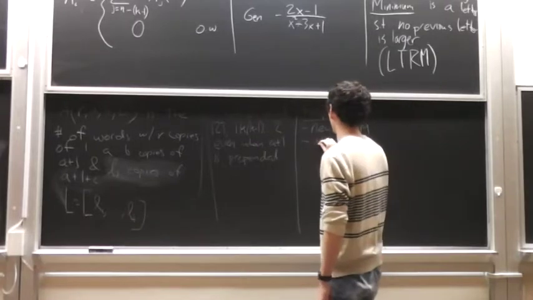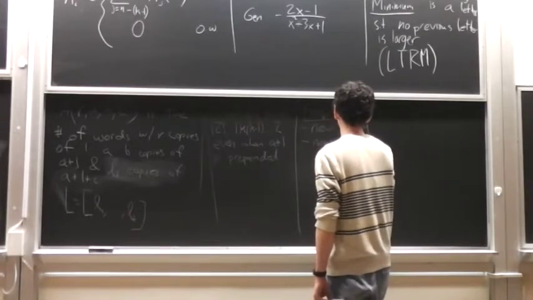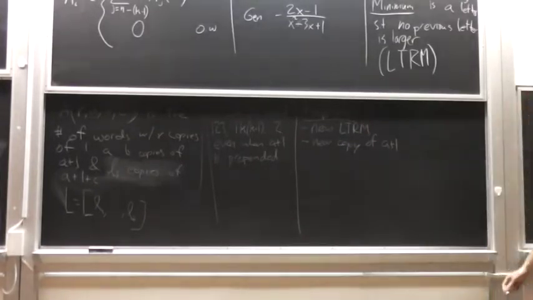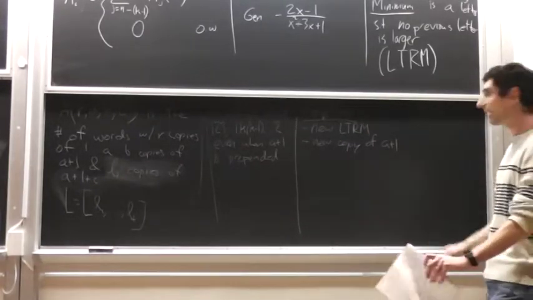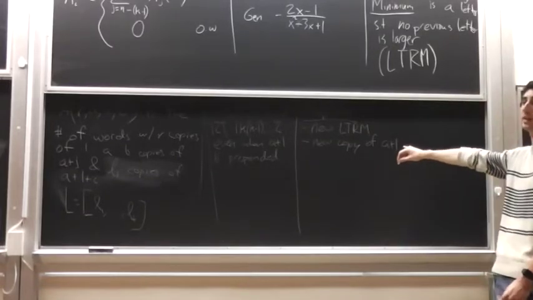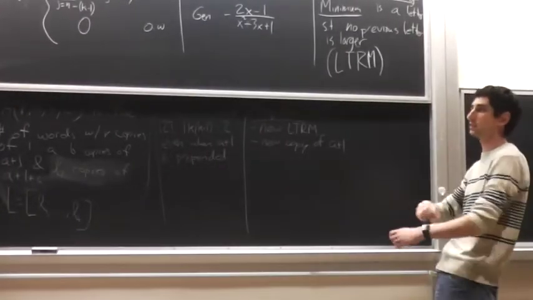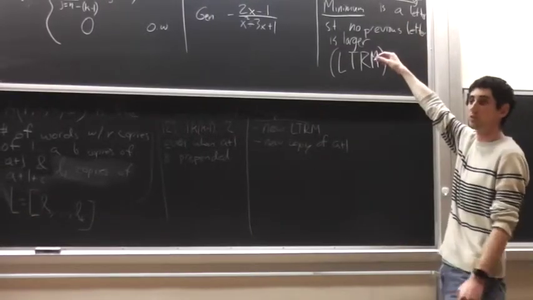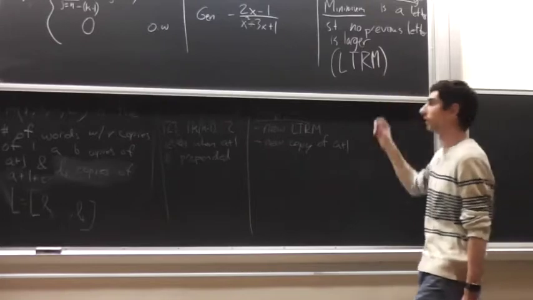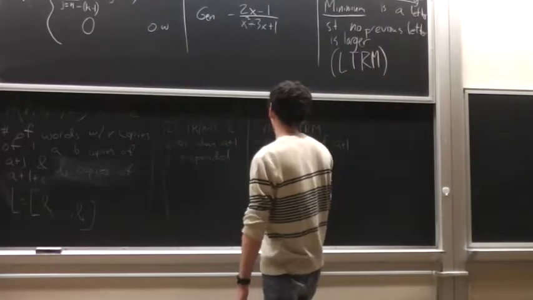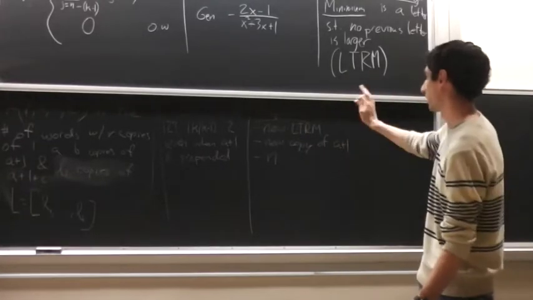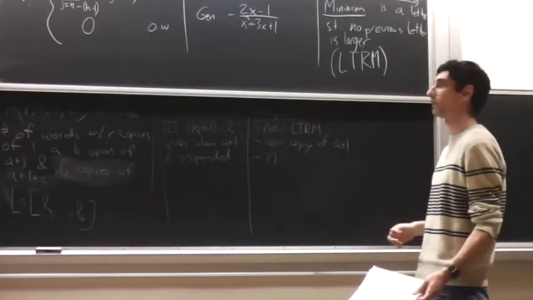It could also be a new copy of my existing left-right minimum. But it can't be anything bigger than that. I can't have anything bigger than my existing left-right minimum unless it's the very largest element possible, because otherwise when I add that very largest element, I'm going to end up with a 1, 2, 3 pattern. So it could also be n. And those are my three options, so we'll have three terms in our sum.